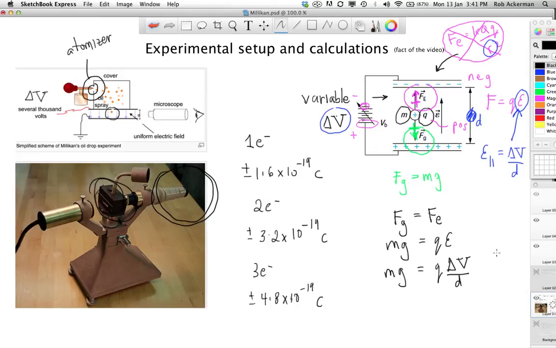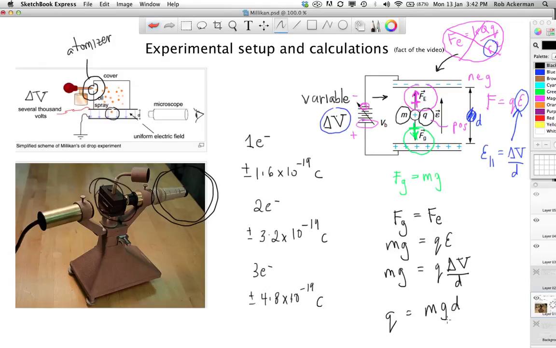Now, as you can imagine, an oil droplet does not have a lot of mass. This is going to be a really small number here, and for that matter, how do we measure the mass of an oil droplet? G is 9.8. Q is what's unknown, and that's the thing he's looking for. So what I'm going to do right now is just isolate Q. What do we get? Mg times D.